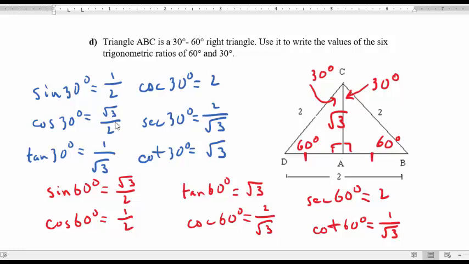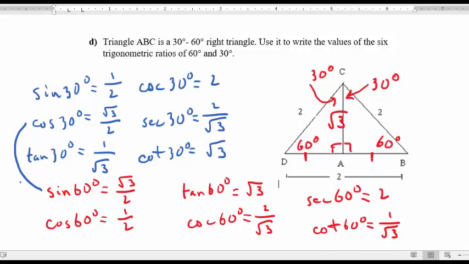Now, one thing that's actually important to note is that the sine of 30 degrees and the cosine of 60 degrees are the same, just as the cosine of 30 and the sine of 60 degrees were the same.